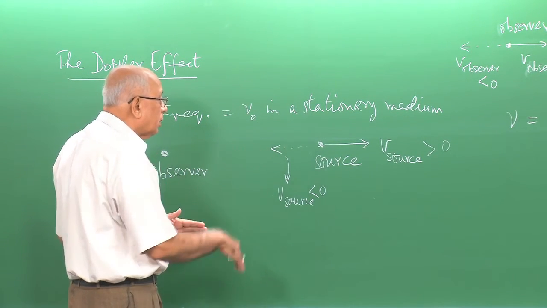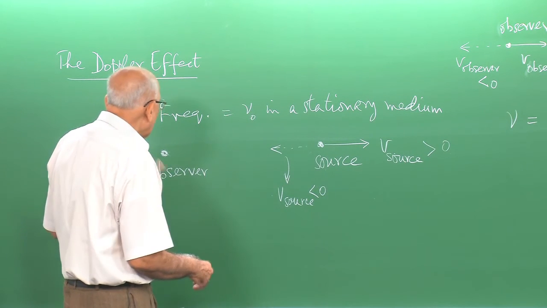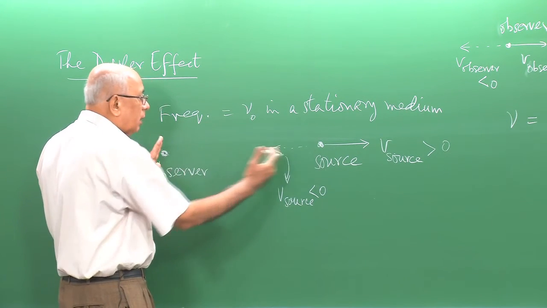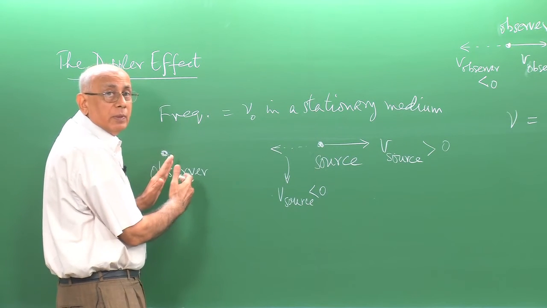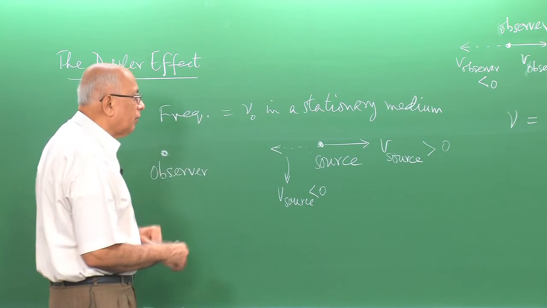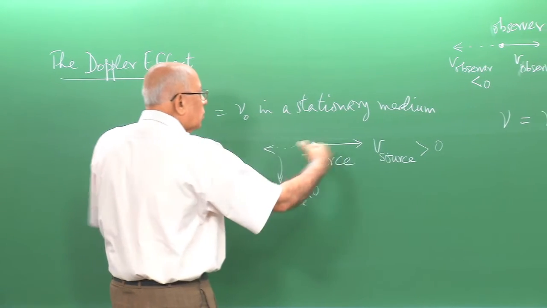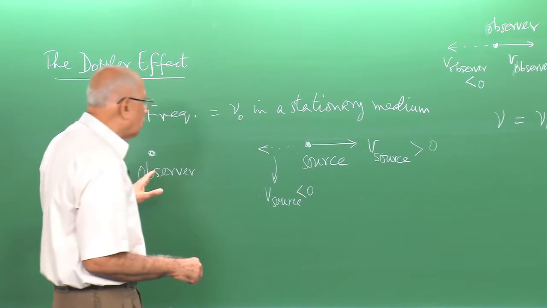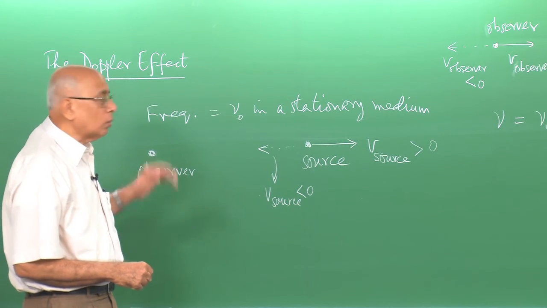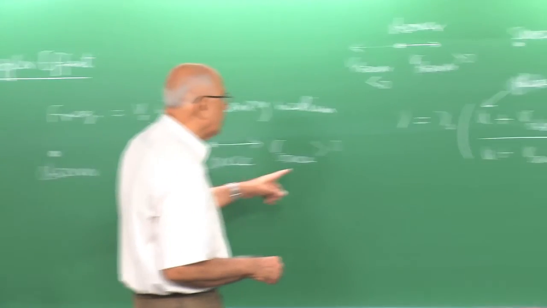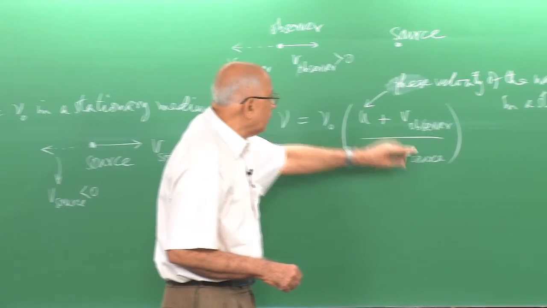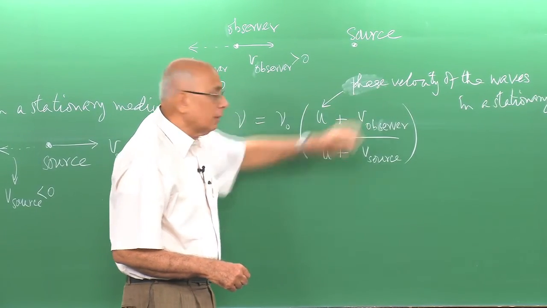As it moves towards the observer, the number of crests observed by the observer is going to increase. So effectively the frequency increases. On the other hand, if the source moves away, this is going to look stretched out, and therefore the frequency observed by the observer is going to drop. That is what is going to happen if V source is positive.